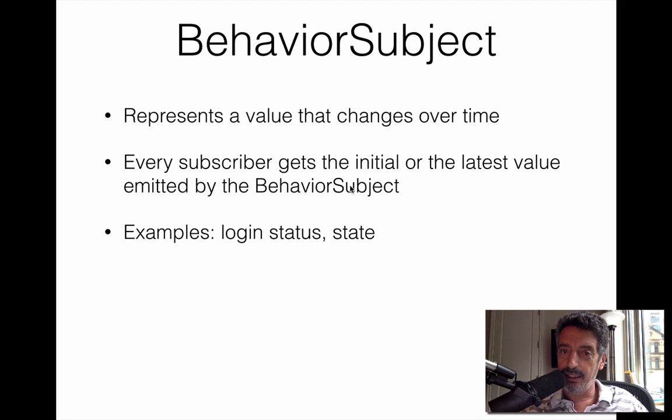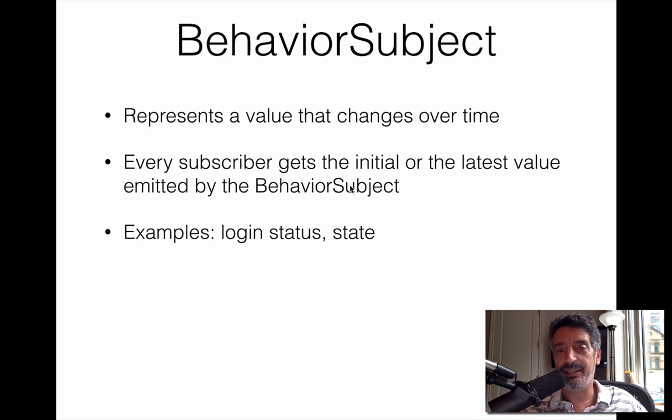Meaning what? Meaning if I have subscriber number 1 and subscriber number 1 received 1, 2, 3, and sometime later subscriber number 2 subscribes to the same behavior subject, this 1, 2, 3 was stored and it will be pushed to the new subscriber.